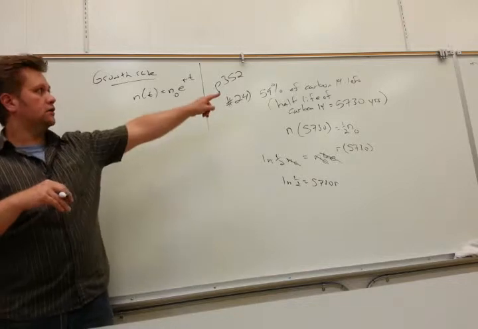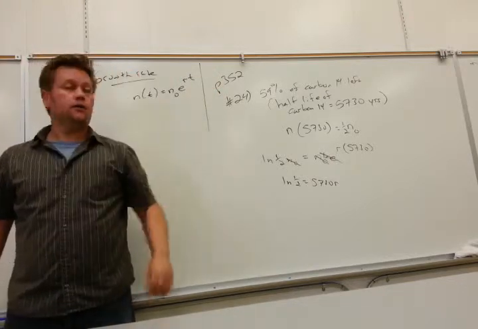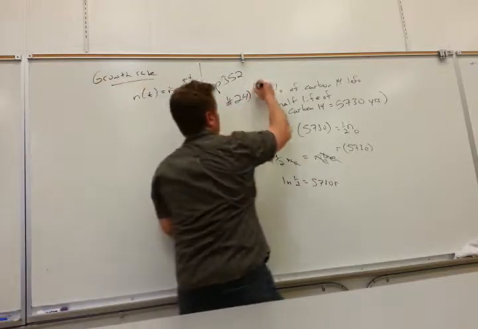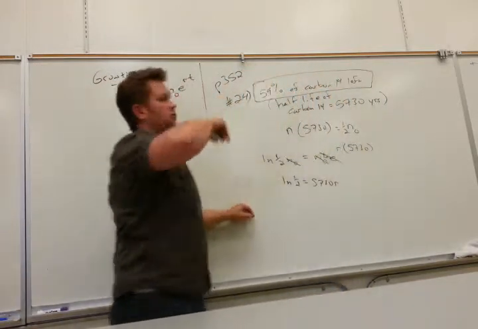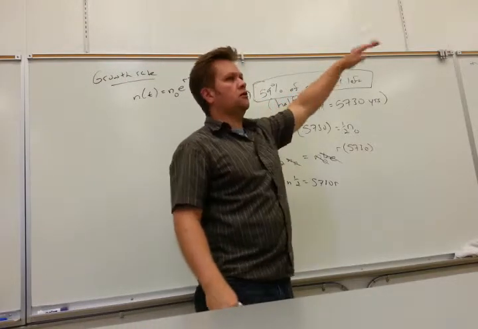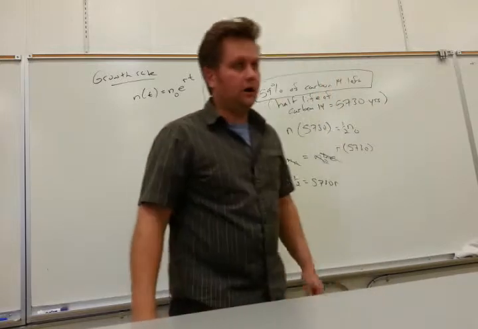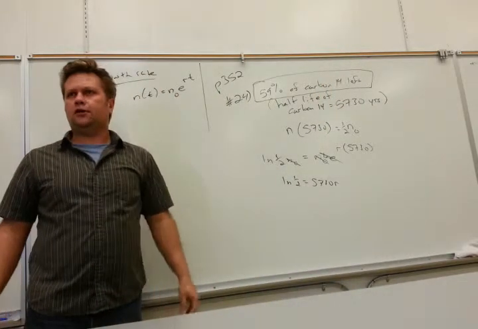In general, r is the rate, in this case, the growth rate. And then I can actually answer the actual question, which is: 59% of it's left. How long ago? What did it say? How long ago was the mummy buried? Right. So I can try to answer that question.